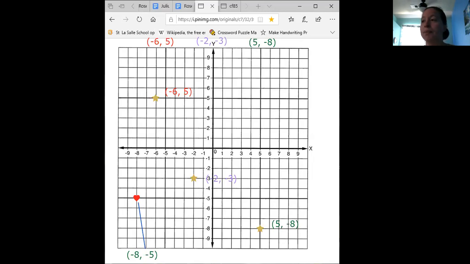Sometimes they will give you weird numbers. So if it doesn't go 1, 2, 3, 4, 5, 6, 7, 8, 9 like here, but instead it goes 1, 2, 4, 6, 8, 10, you know that halfway in between that is the other number, if it counts by 2s.